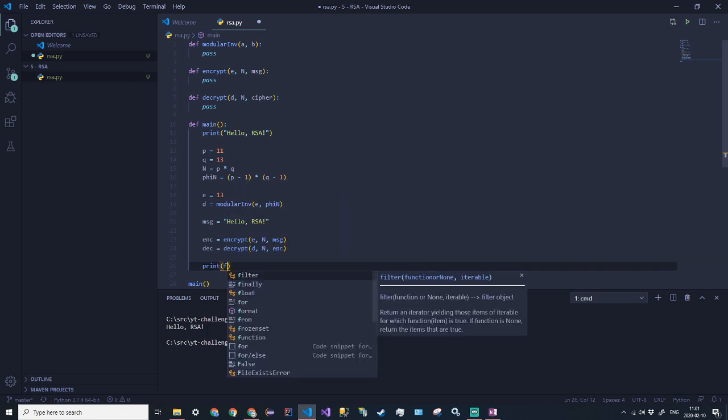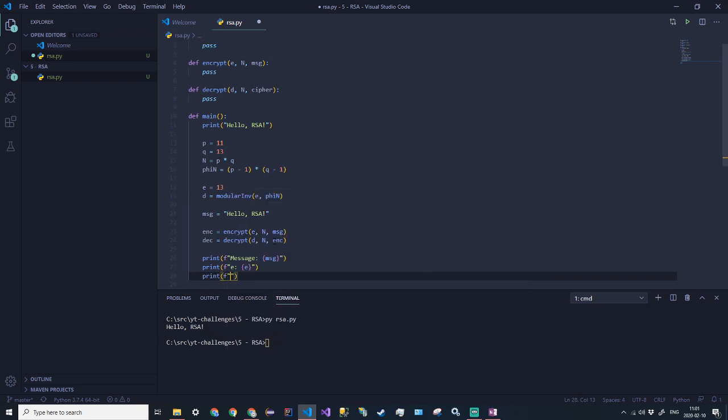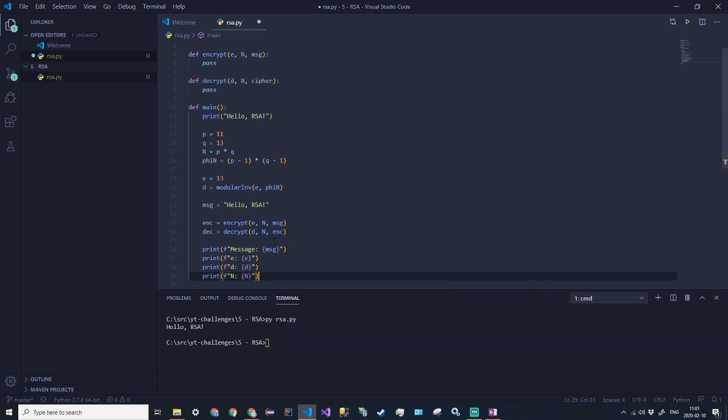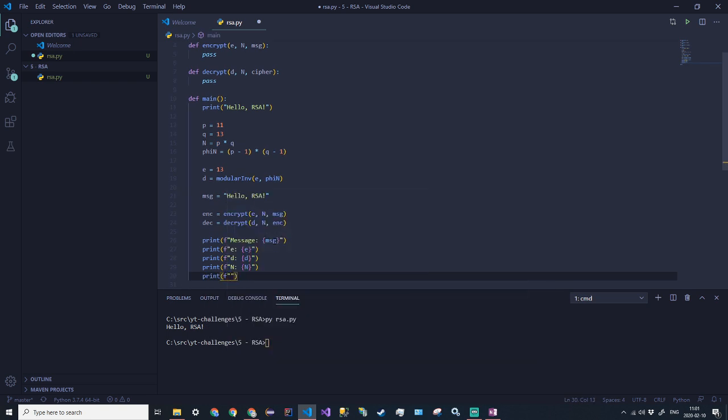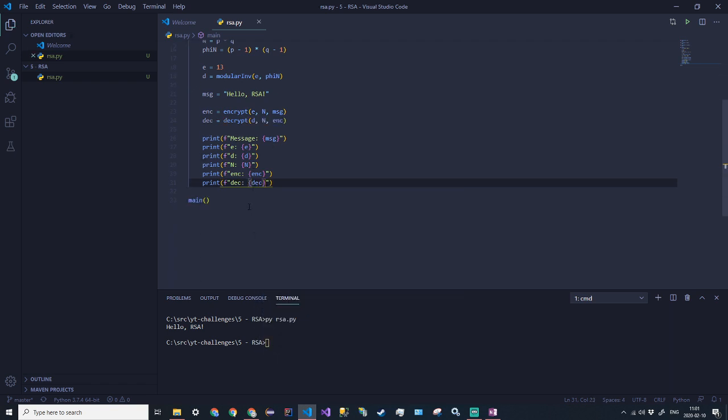So print, we'll say the message, and print F, we'll say, let's do E, D, and then N, just for the purposes here. And then we'll print the encrypted value, and then the decrypted value. Just like that. Okay.